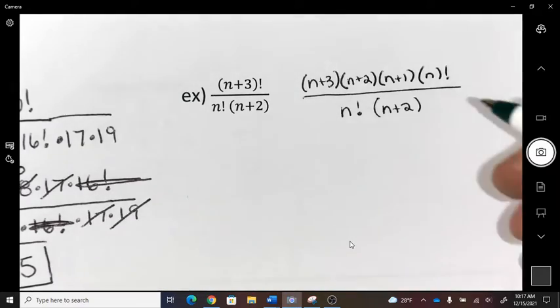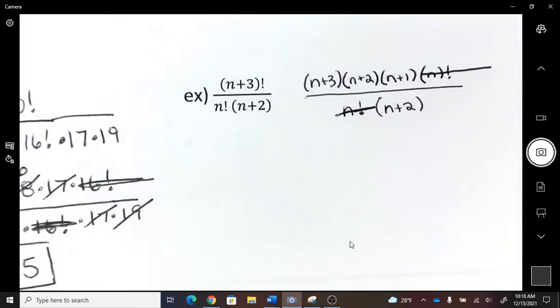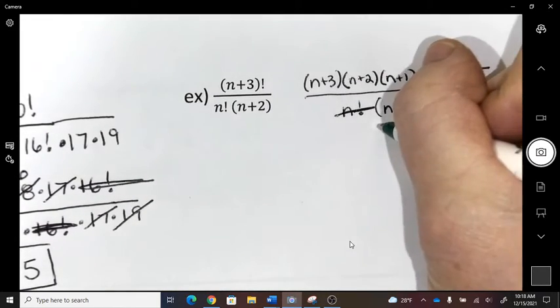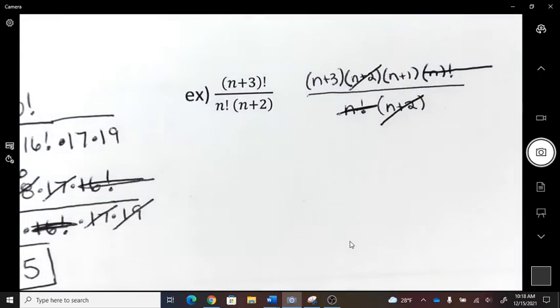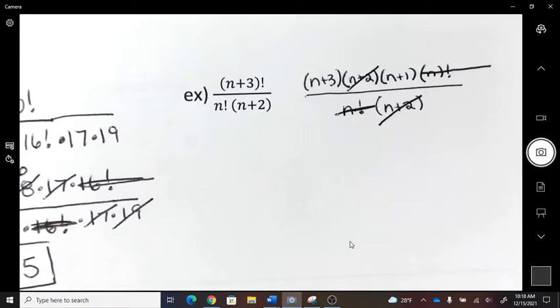Okay, so everything from here on out would have canceled with everything from there on out. That cancels that. And I'm left with this binomial times that binomial. So what would you do in math if it told you to simplify something?